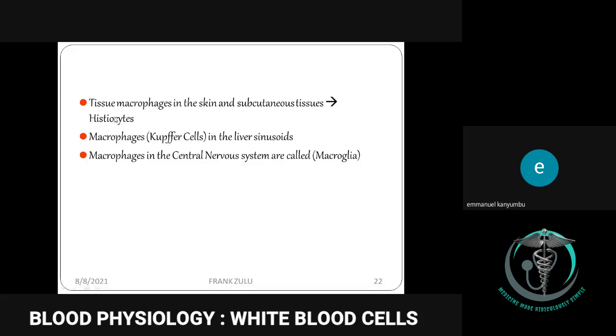Histiocytes. So what we're basically saying is that macrophages or monocytes in different places will carry different names. In the skin, we call them histiocytes. In the liver, we call them Kupffer cells. And in the brain or the central nervous system, we call them microglial cells.